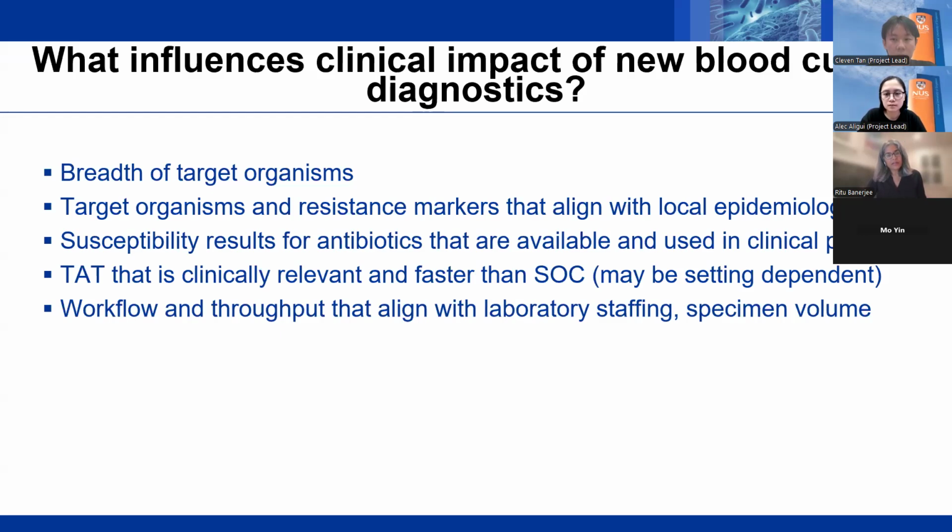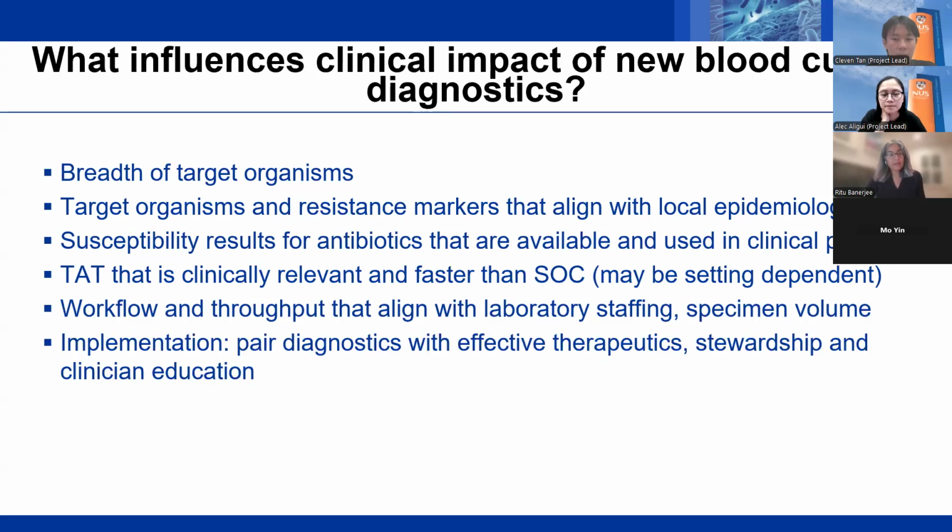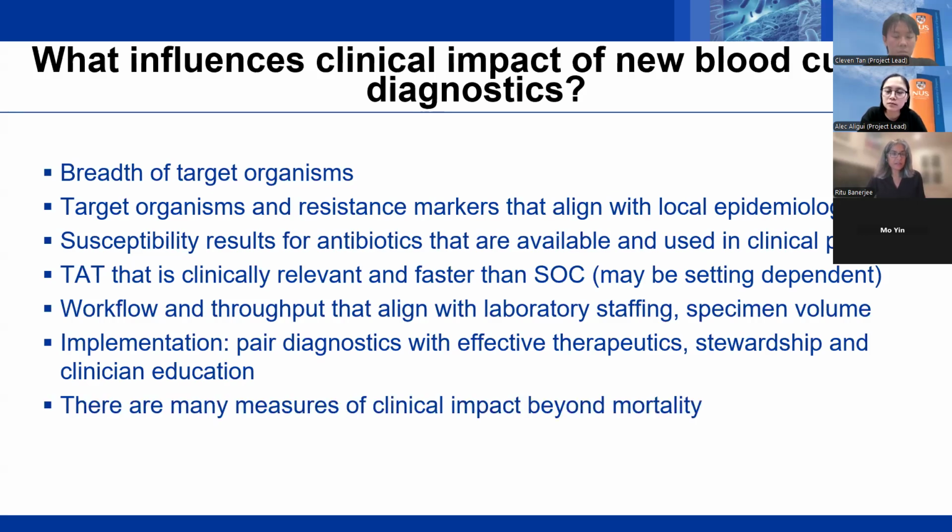Does the workflow of the test and the throughput of the test align with laboratory staffing and specimen volumes that a laboratory sees? And we learned some important things about implementation, that it's important to pair diagnostics with effective therapeutics and stewardship and clinician education to nudge clinicians to act on the results, especially if it's a test that they're unfamiliar with.